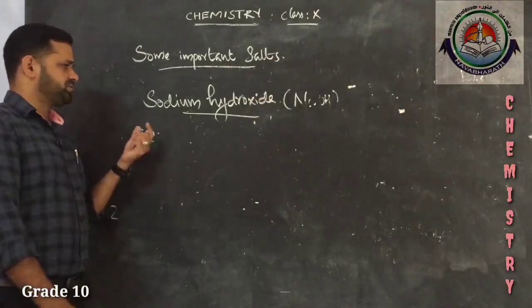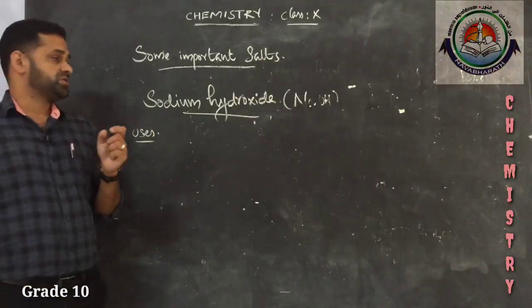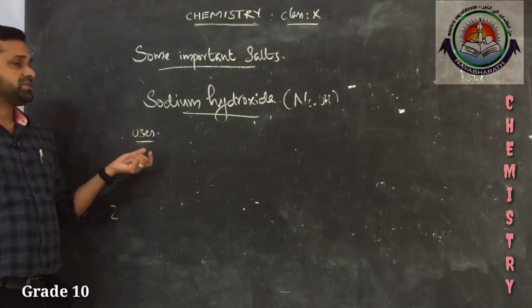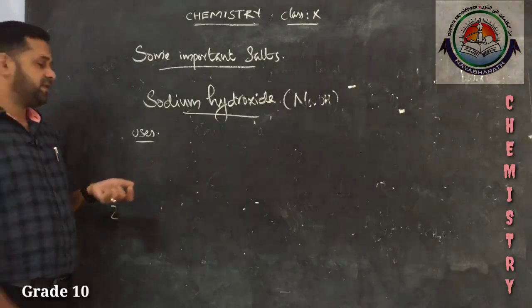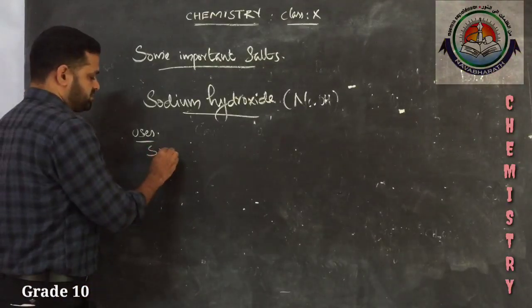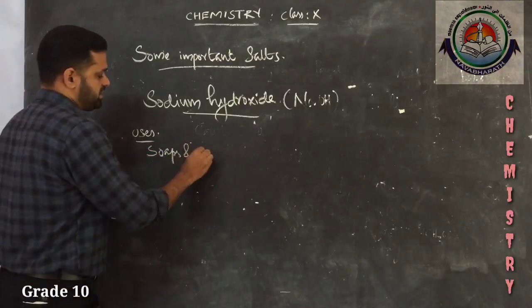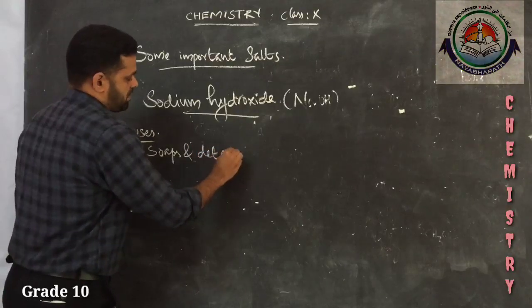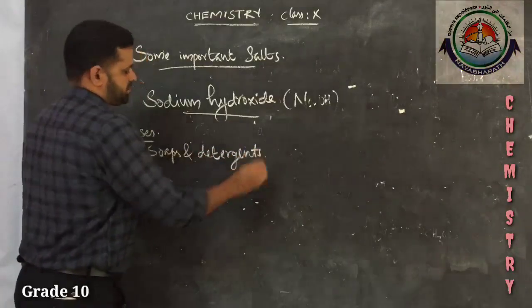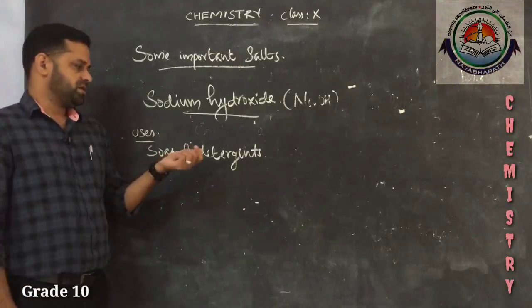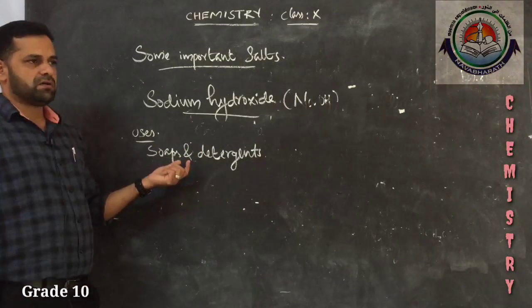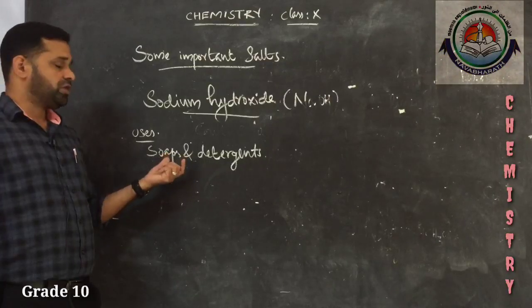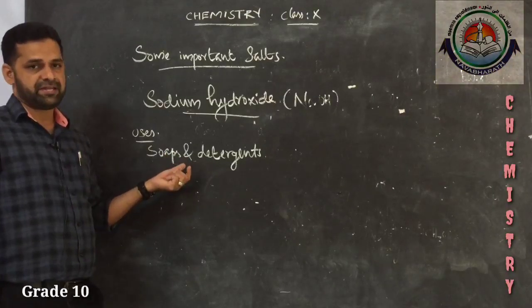Now the uses of sodium hydroxide. It is used for the manufacture of soaps and detergents. Soaps are sodium or potassium salts of higher fatty acids.